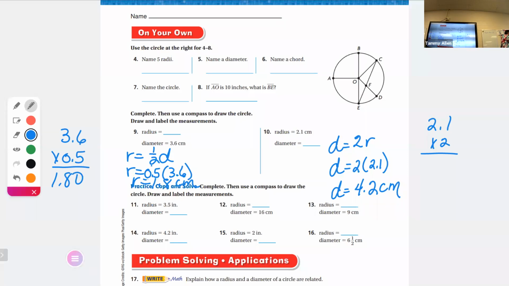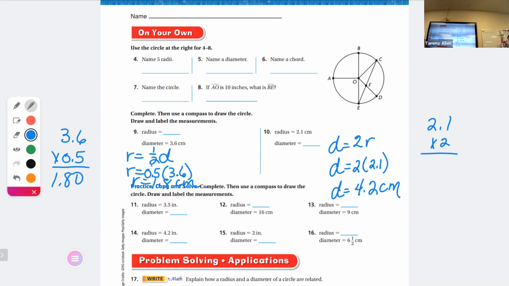Take a look on page 89, please. 7 and 8 ask you to use the compass to draw the circle, then draw and label the measurements. Well, we're not doing that. Instead, we're going to use our formulas to find the missing measurements.